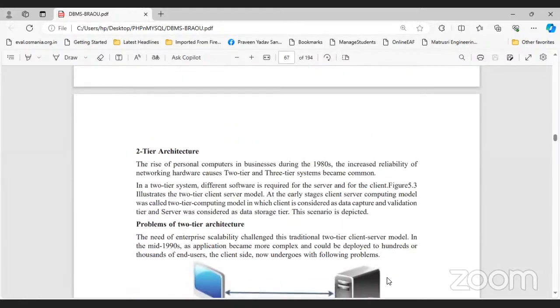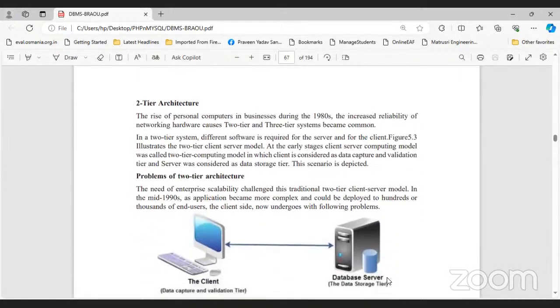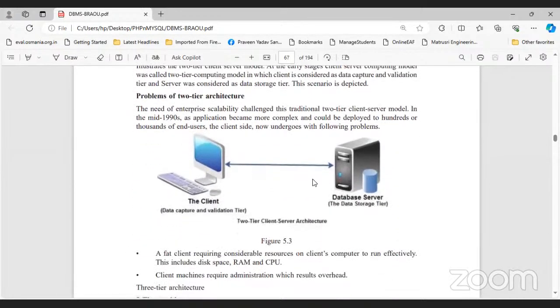Next one is the two-tier architecture. What is meant by the two-tier architecture? This is the client, and somewhere else is the database server. Using my laptop, I am buying something on Amazon. The Amazon website is the server and my system is the client.